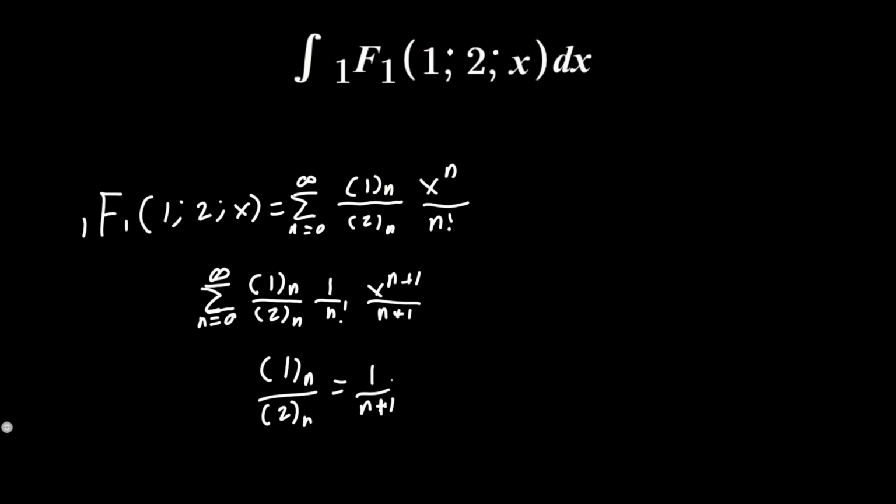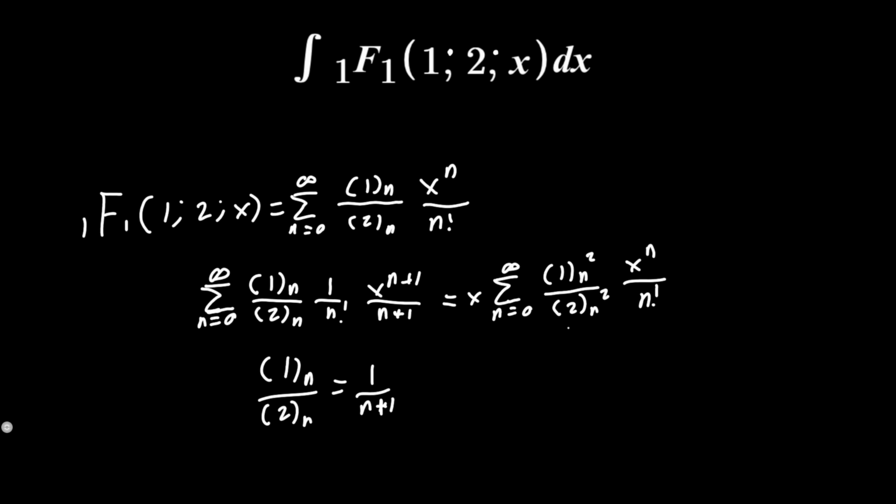And with that, we are going to have that it is equal to x times the sum from n equals 0 to infinity of 1 sub n squared over 2 sub n squared, and then x to the n over n factorial.